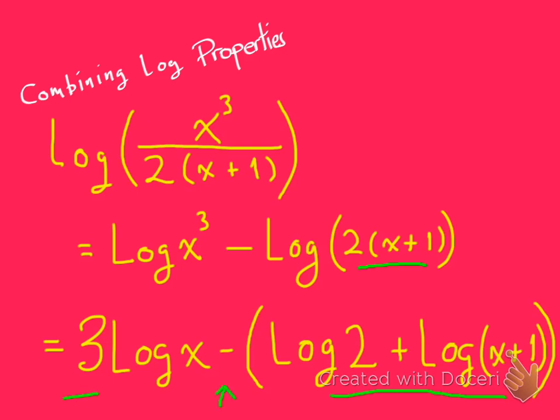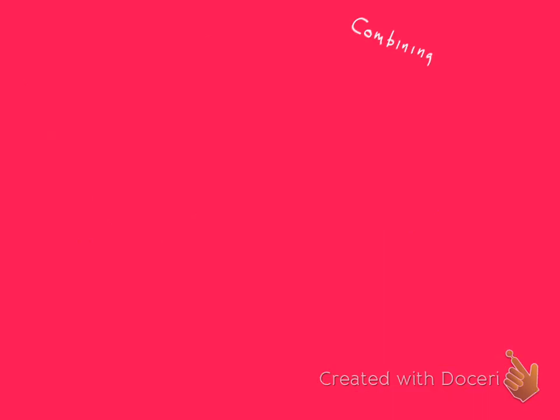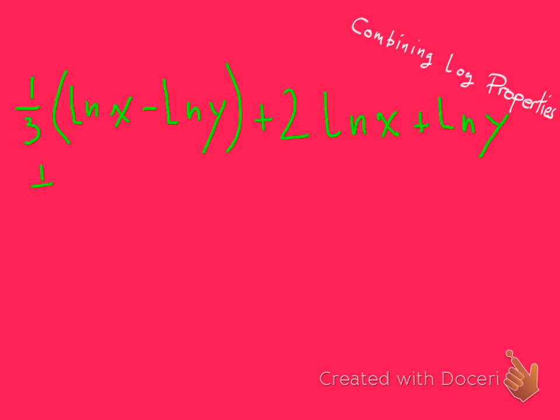Let's do one more example. Here's our last little combining log properties slide, and I'm going to write out this big thing right here. 1/3 times the natural log of x minus the natural log of y plus 2 natural log of x plus natural log of y.